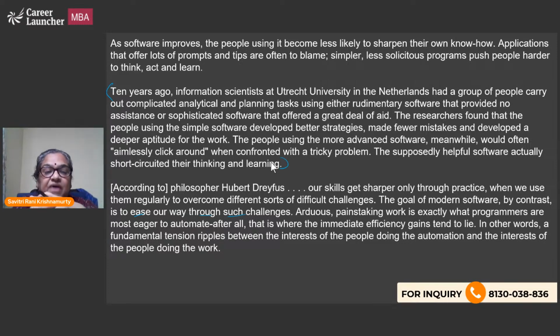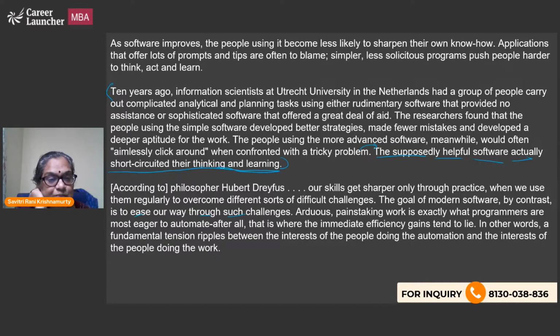The researchers found that the people using the simple software developed better strategies, made fewer mistakes, and developed a deeper aptitude for the work. People using the more advanced software, meanwhile, would aimlessly click around when confronted with a tricky problem. Here, the supposedly helpful software actually short circuited their thinking and learning.